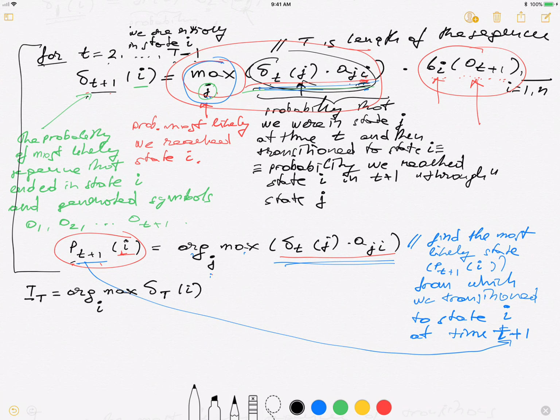What does this mean? I compare delta t of 1, delta t of 2, etc. And I'm trying to find which state has the highest probability delta.